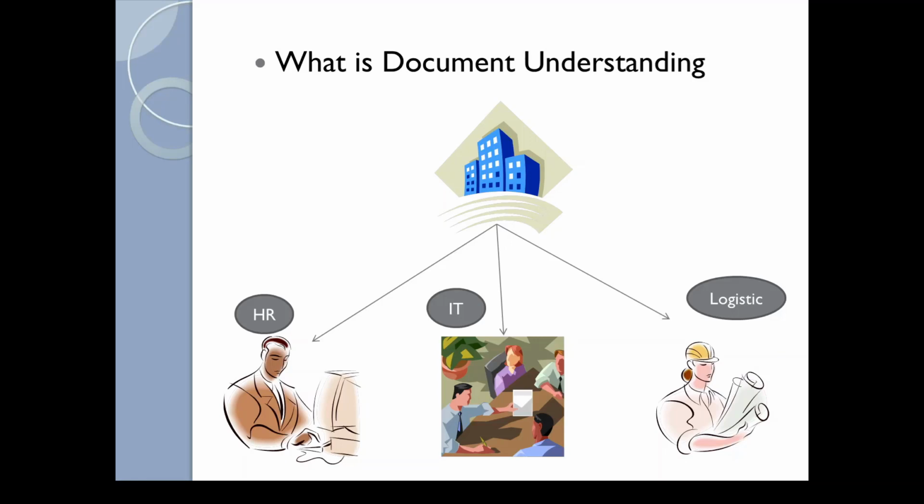Each department has different kinds of repetitive work, like for HR, onboarding and payroll processing. In IT, asset allocation, and in logistics, inward and outward. They have similar kinds of repetitive tasks on a daily basis, so they process lots of documents daily.